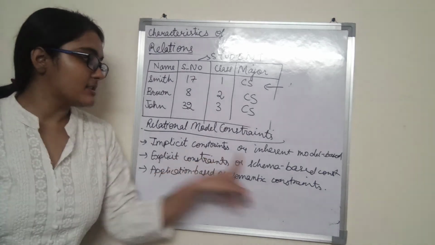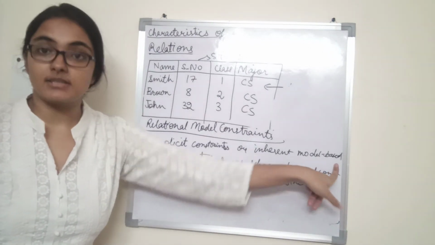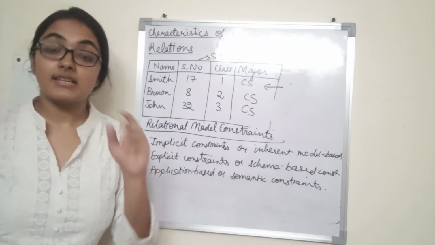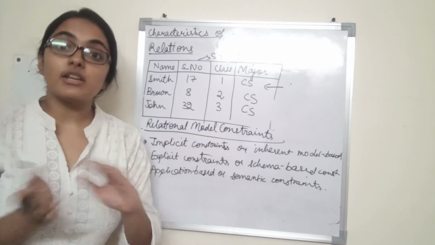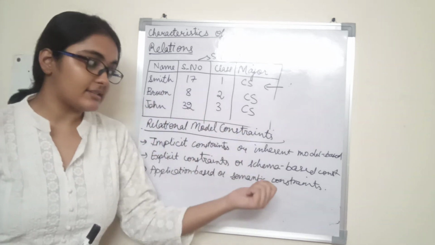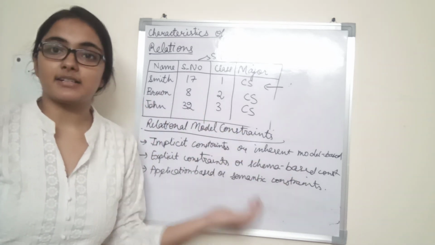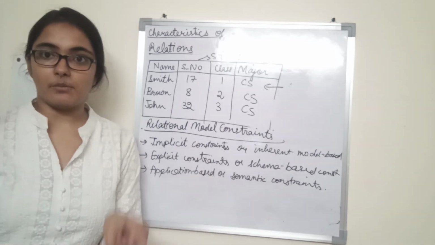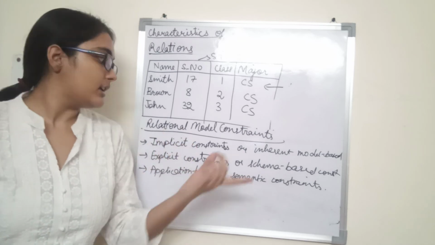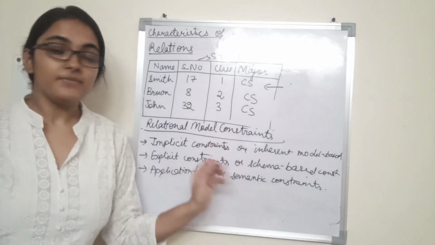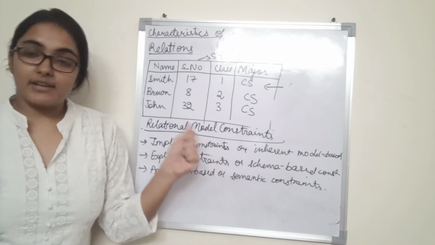What are implicit constraints or inherent model based constraints? They are the constraints that are inherent or implicit in the data model. For example, all the constraints that we discussed just before this, that is, the characteristics of the relational model, are inherent in the data model. So all of them fall under implicit constraints.